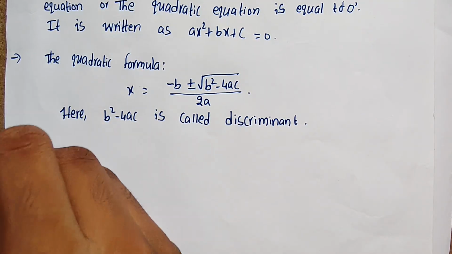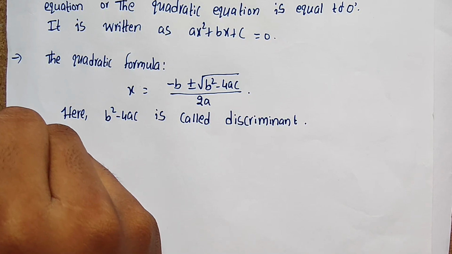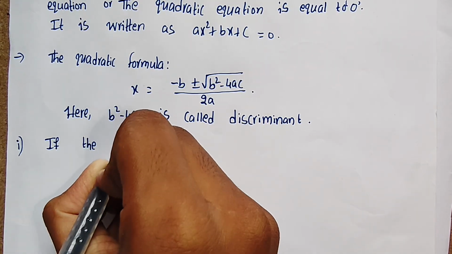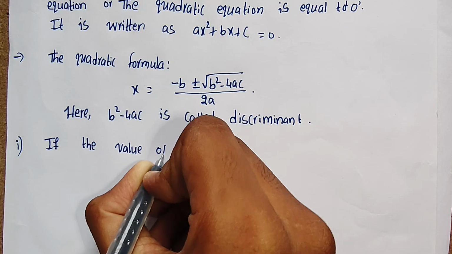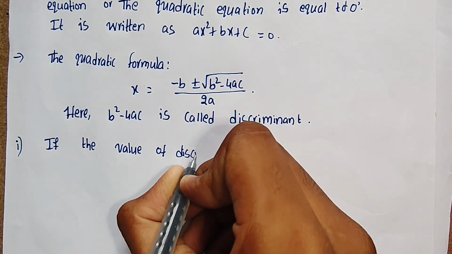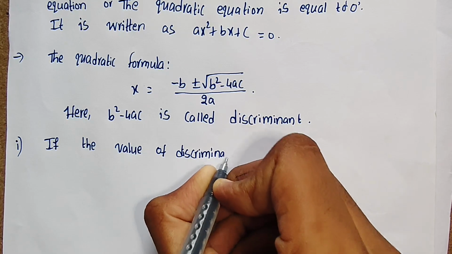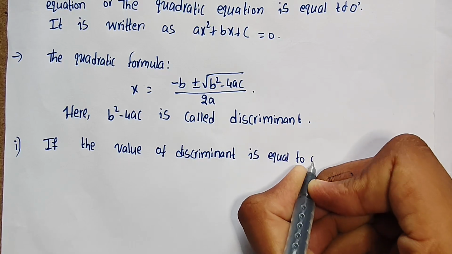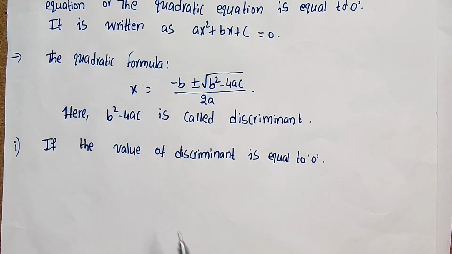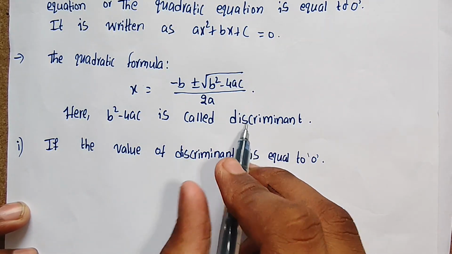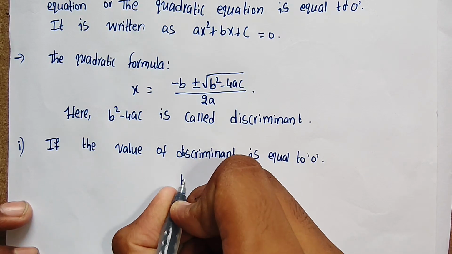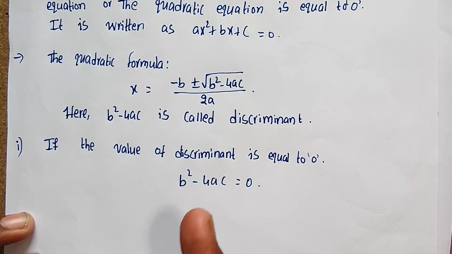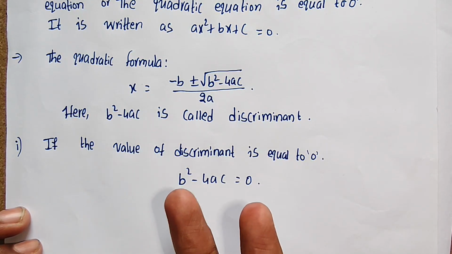Let us see it. First one, if the value of the discriminant, b square minus 4ac, equals 0, then there are two equal roots, meaning two equal zeros.